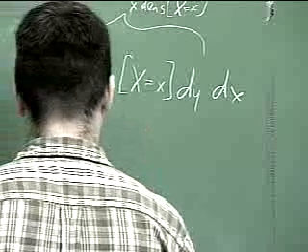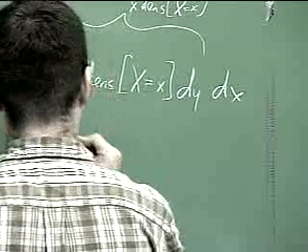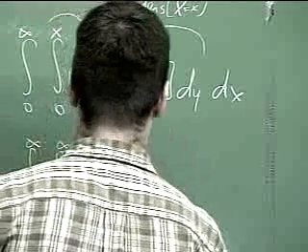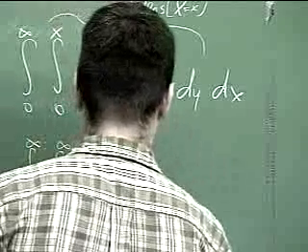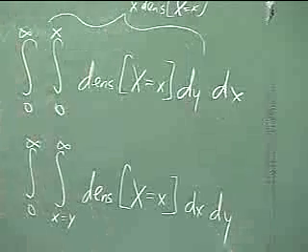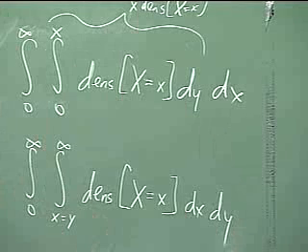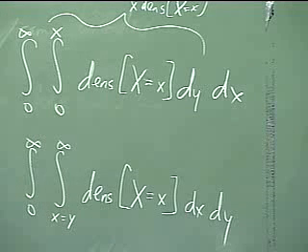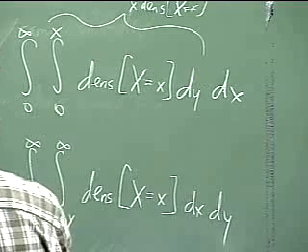So x goes from y to infinity of the same thing, the density that X equals x, dx dy. Right? Everybody see that? Again, the only trick is when I'm reversing the order.